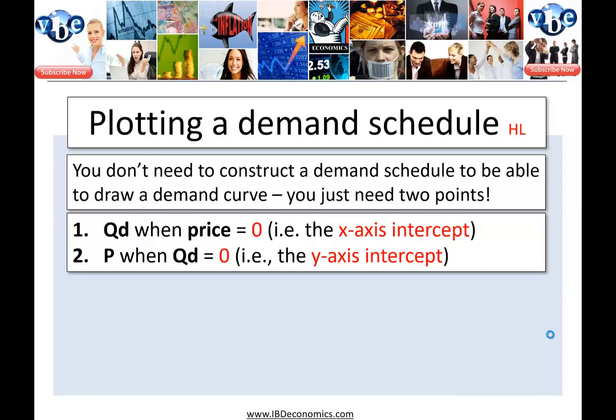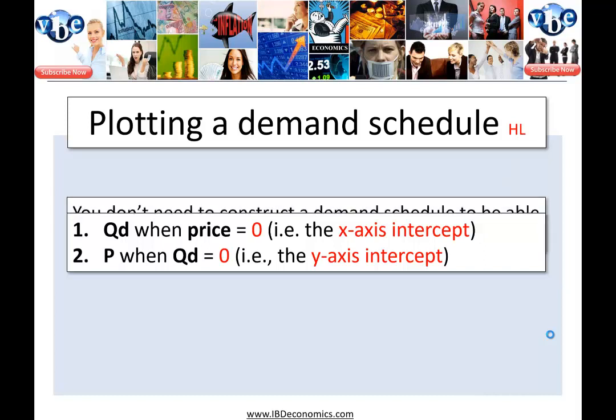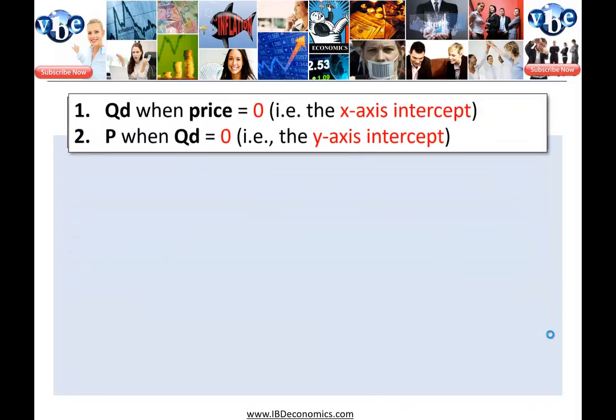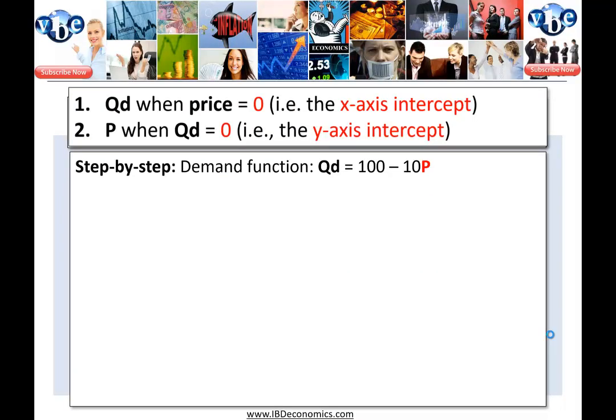So, to find these 2 points, all we need to know is the quantity demanded when the price equals 0. That'll give us the x-axis intercept, and the price when quantity demanded equals 0. And this is the y-axis intercept. Step by step. Our original demand function, QD equals 100 minus 10p.